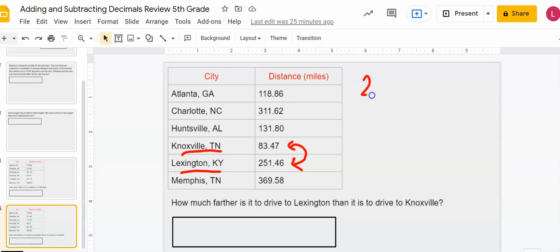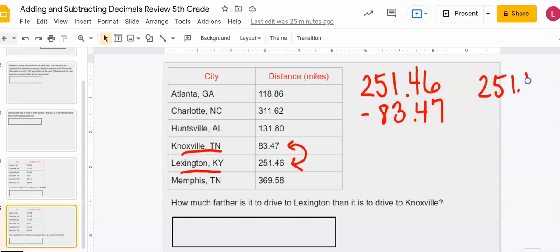So if I have 251 and 46 hundredths, and I subtract 83 and 47 hundredths, and why didn't I do this?